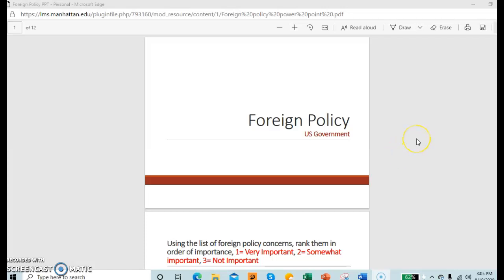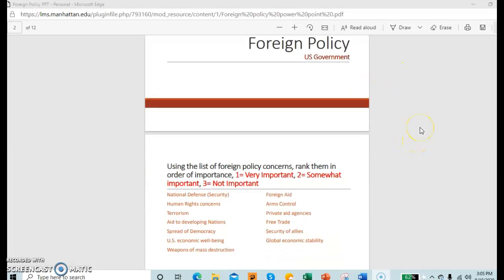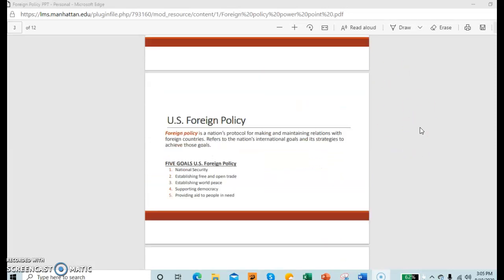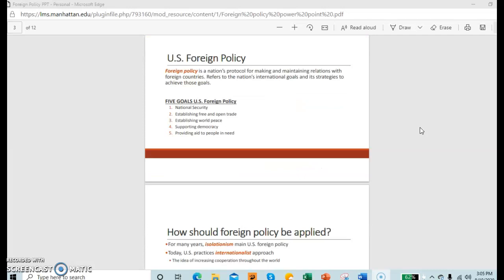So today's topic is on US foreign policy. It has three main goals: issues of national security, establishing free and open international trade. That is a major advantage to US foreign policy in terms of our balance of trade and our balance of payments.